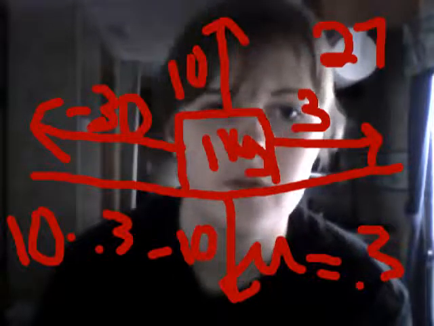We know that F net equals all the forces combined, so negative 30 plus 3 equals negative 27. So the net force here is negative 27. But the negative all that it means is the direction. It won't change the number. So we know here that it's 27.